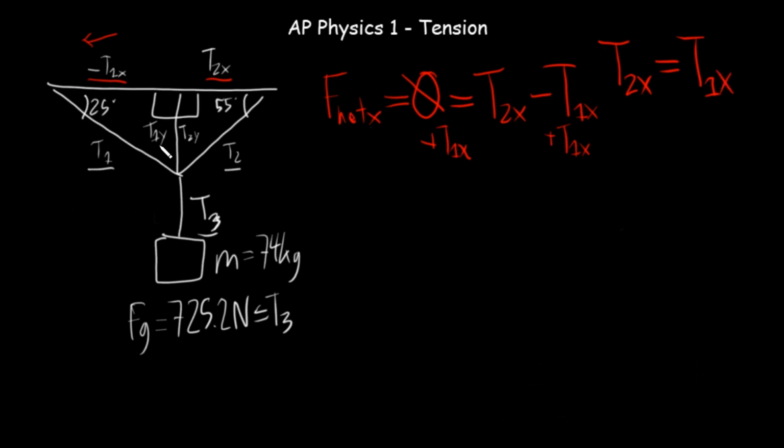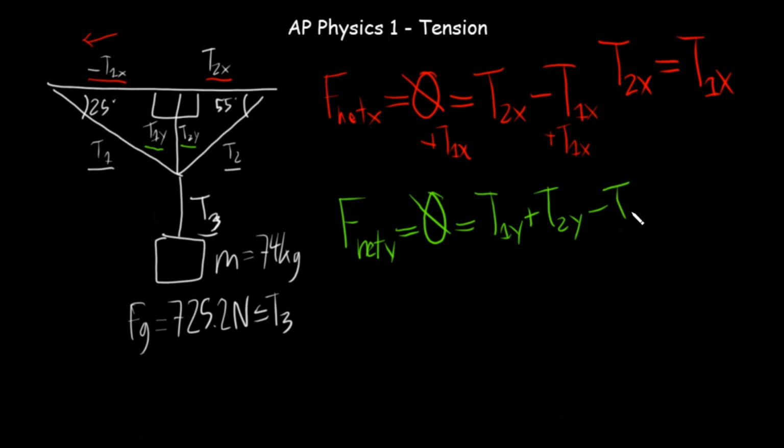And then when you move on to the y direction, this is where things get a little interesting. It's still 0 because it's not moving in either direction. But then you have T1y plus T2y minus T3. Why could this be the case? Well, remember, equal and opposite.